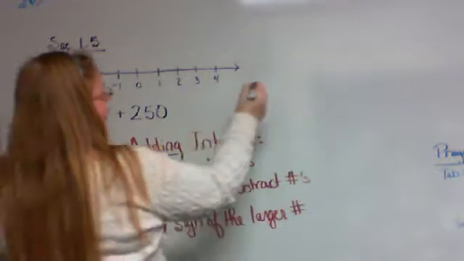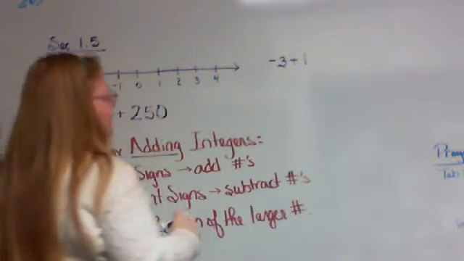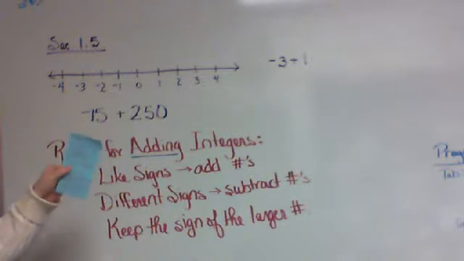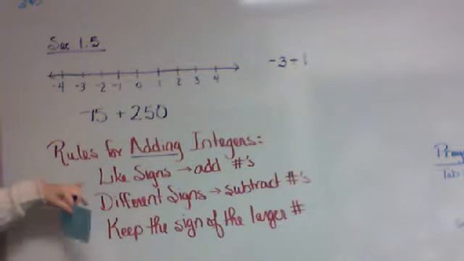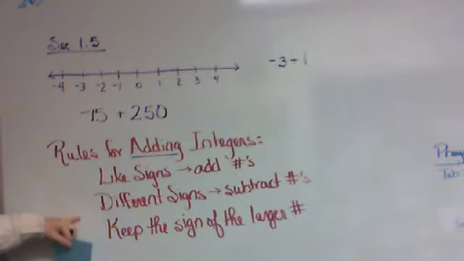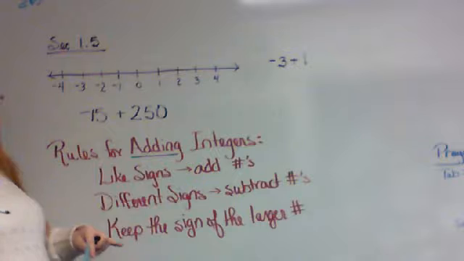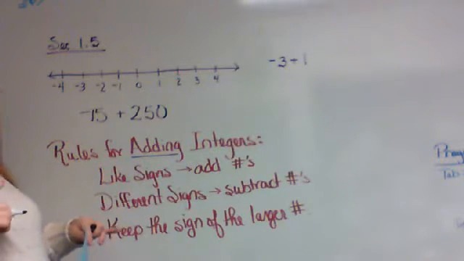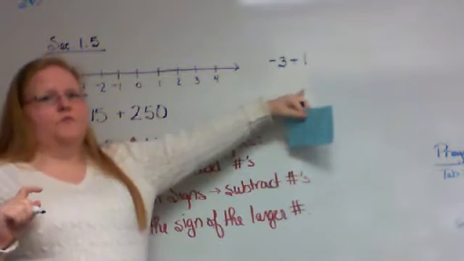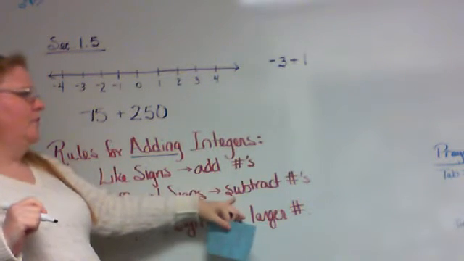Let's say we have negative 3 plus 1. Now we can do this one the old-fashioned way on here, but let's use our new rules to see what we would get. Negative 3 plus 1, that's adding, so that means we get to use this. They have different signs because one of them is negative and one of them is positive. So different signs means you subtract the numbers.